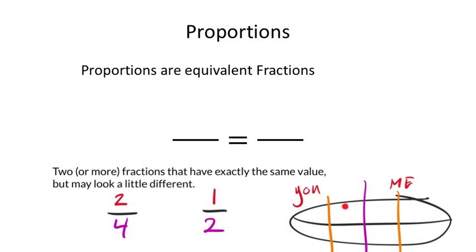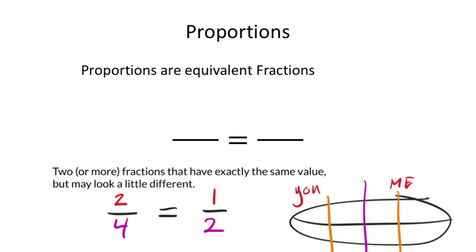All that changed was the sizes and how many pieces we get. They're smaller pieces, fourth-size pieces, but you get 2 pieces out of 4 pieces. Because you're getting exactly the same amount of sandwich, we can put an equal sign between these, and we can say that they're equivalent fractions.